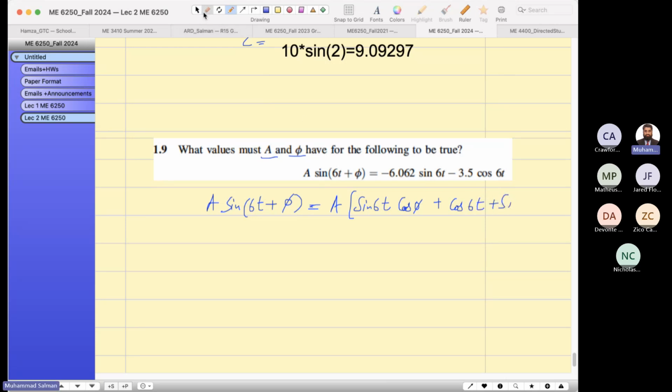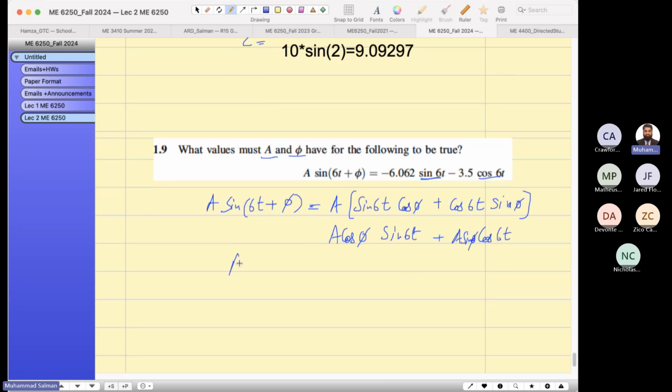Sorry, not plus, it is... Other than this, everything is coefficient. So a cosine phi is the coefficient of sine 60, correct? And for cosine 60, the coefficient is a sine phi, correct?